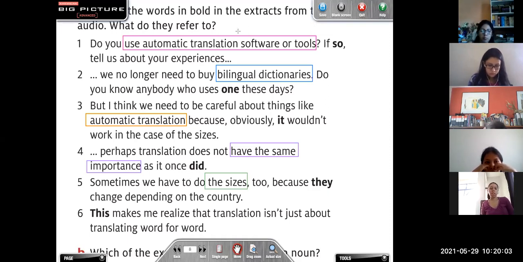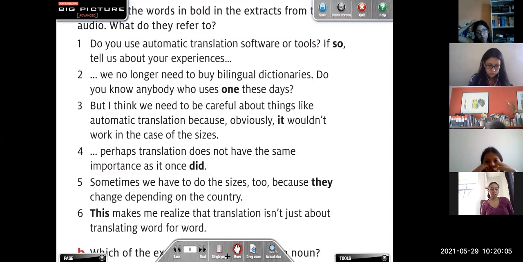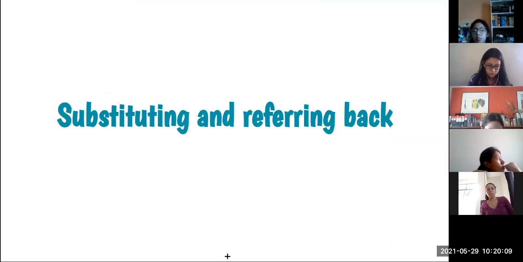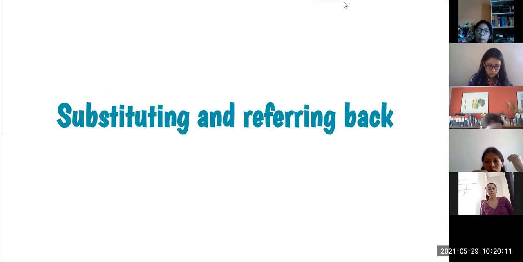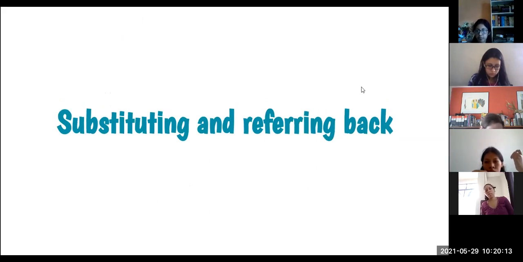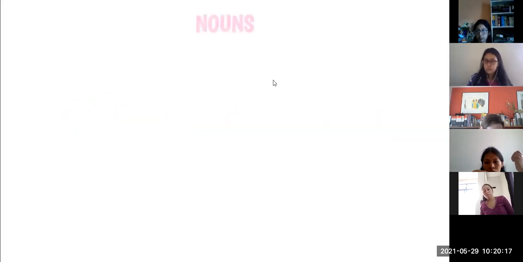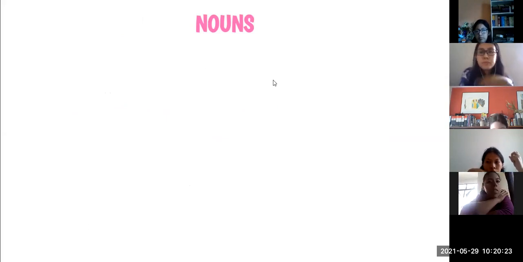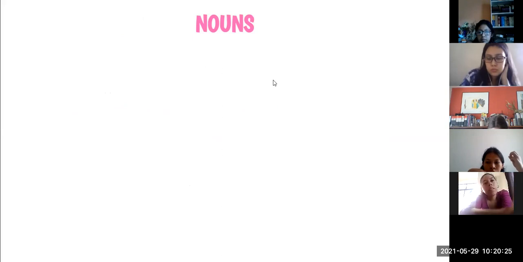So we are going to learn about these words in order to refer back or to substitute something, a word or could be a clause, okay? So pay attention. We sometimes can substitute nouns in order not to repeat them, okay?